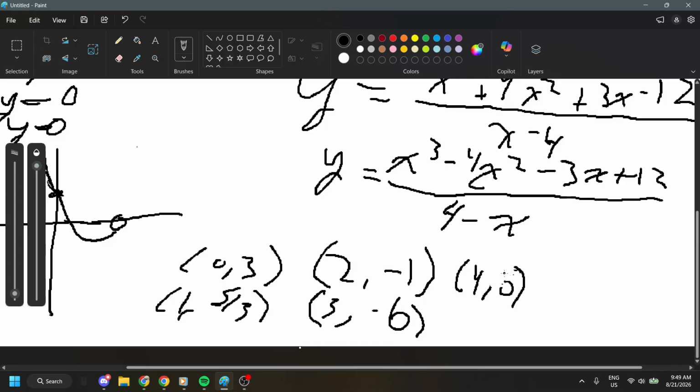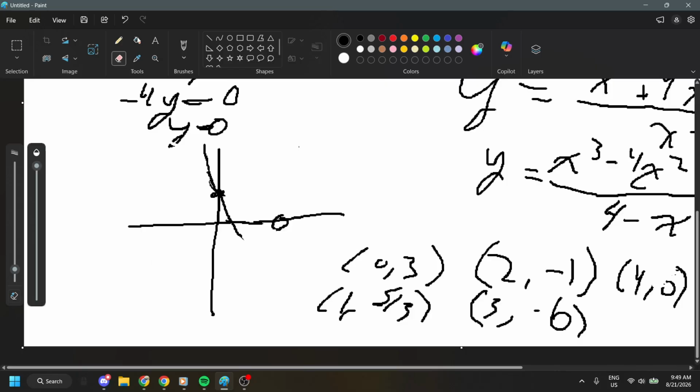So the thing is, here it just keeps getting more and more negative. So I bet it actually looks something like that.